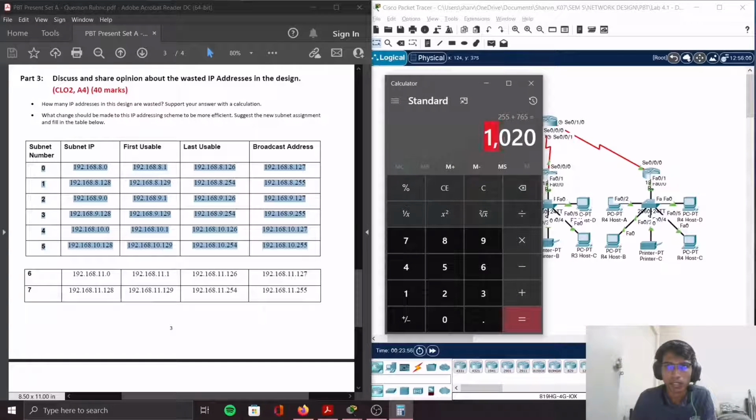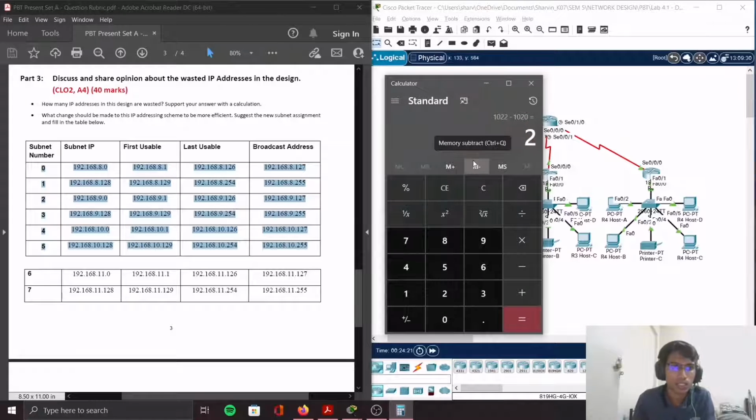It becomes a total of 1020 IP addresses. If we subtract that from the hosts we get from the /22 subnet, we have a balance of two IP addresses.